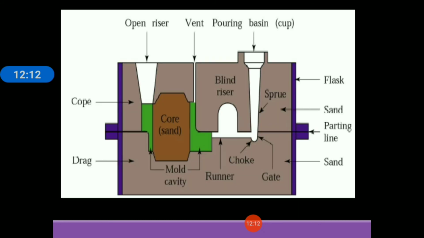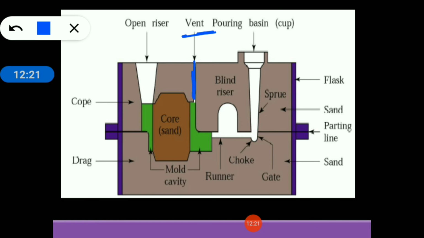See in this figure, this is the vent. This is a very small passage. When you pour the molten metal, the molten metal comes into contact with this wall of sand.